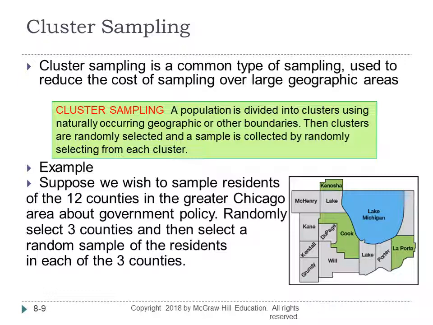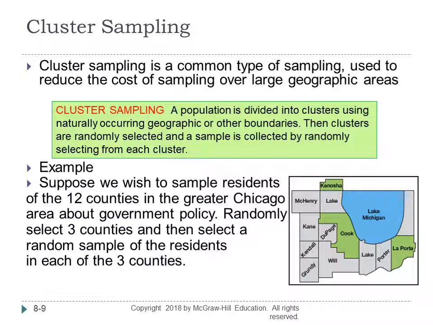There may be too many clusters, but we select a certain number of those clusters in a random process, and then from each cluster we select a sample, and the sample is collected randomly. Here is an example.